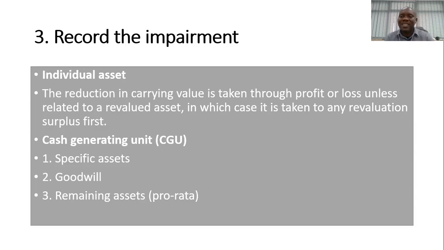But just know that that is taken through profit and or loss, unless otherwise, for the assets that have been revalued or related to revalued assets, that's when you can actually take it to the revaluation surplus account.